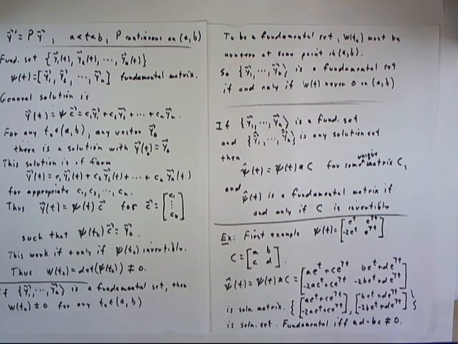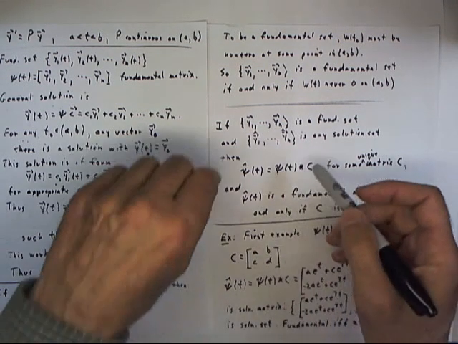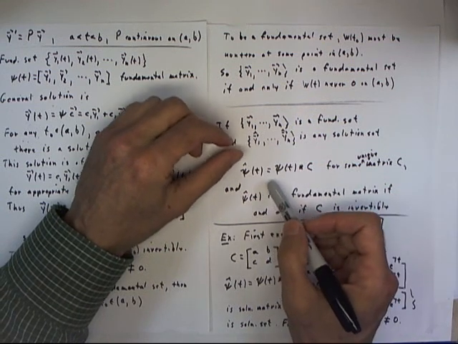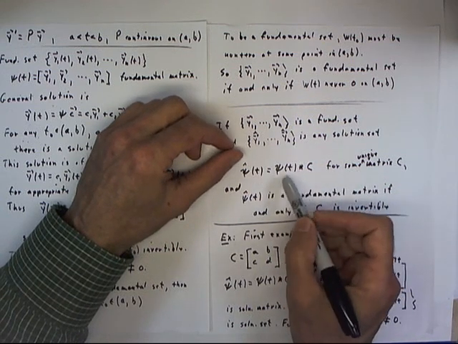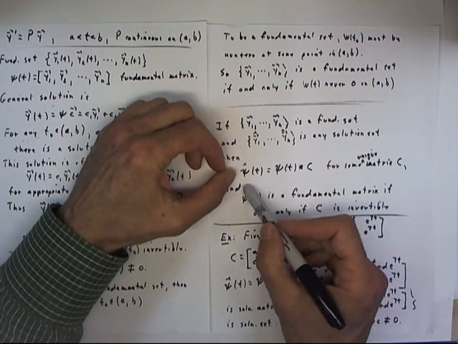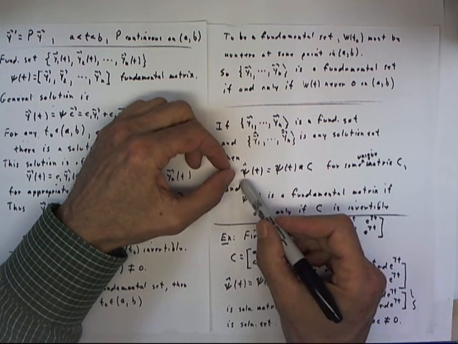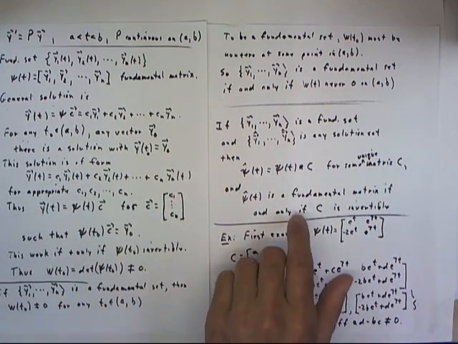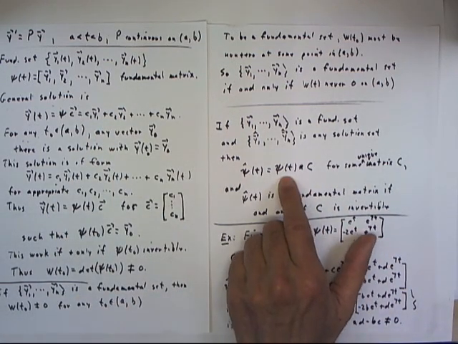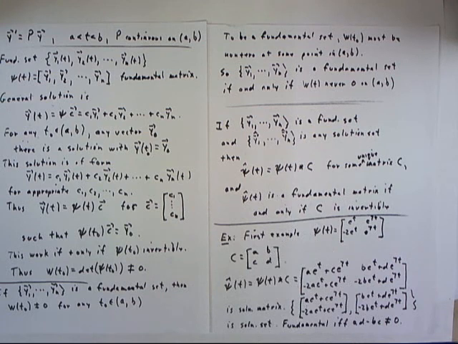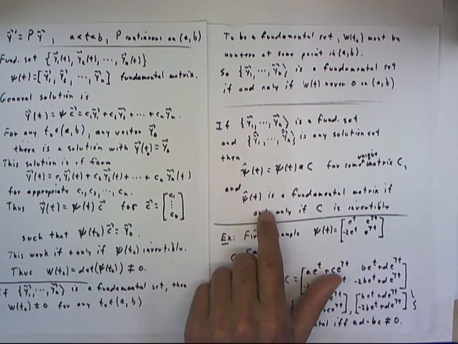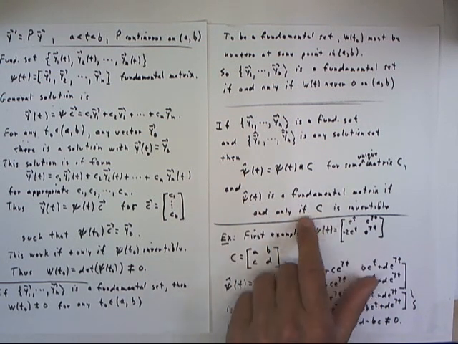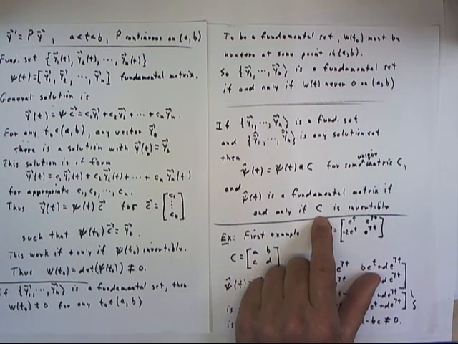Furthermore, it works both ways. If C is invertible, then the psi matrix would be the product of the psi hat matrix by the inverse matrix. And in that case, since psi is a fundamental matrix, psi hat would have to be a fundamental matrix. So psi hat is a fundamental matrix if and only if C is invertible.